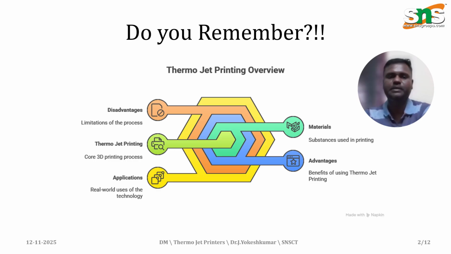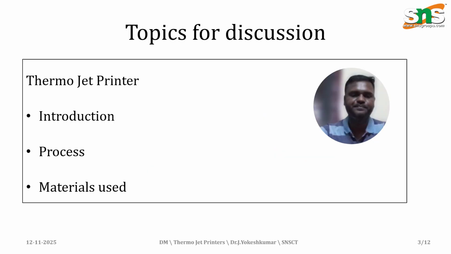Do you remember, this presentation is about the thermojet printer, which gives an overview of the materials used in the thermojet printer, and we are going to discuss the advantages and disadvantages of the process, how the process is happening, how we are converting a core 3D model into a prototype, and a few applications of the process.